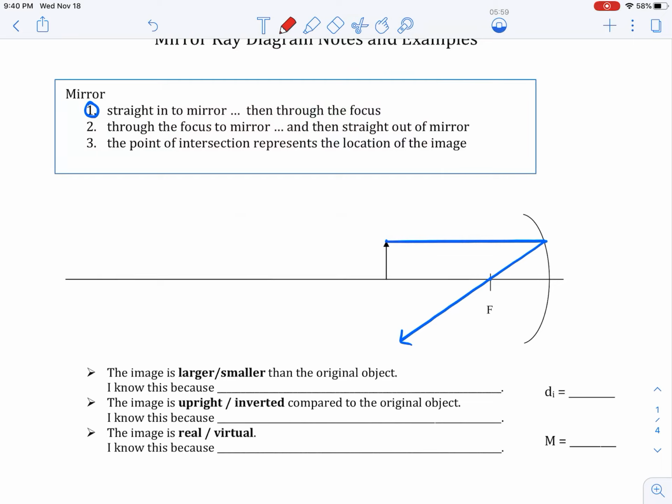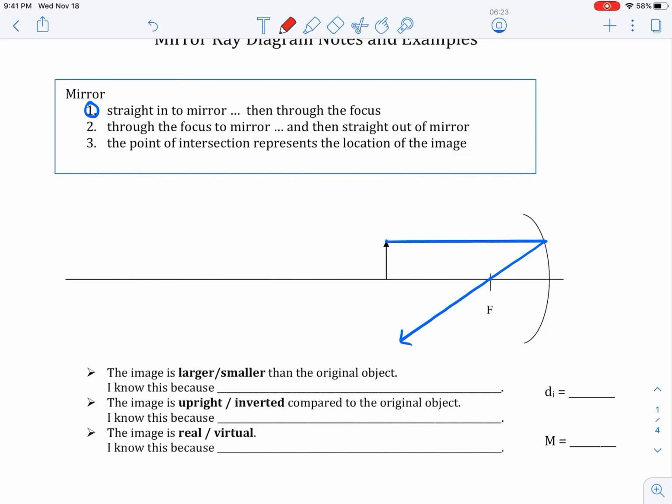Step number 2, we are going to go through the focus. Along the focus, put your ruler so that it goes through the focus so that you can understand the path that the light is traveling, all right? All different ways to say it. Some are clearer than others.